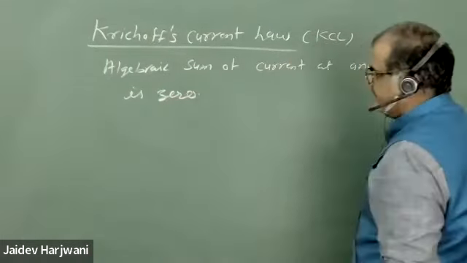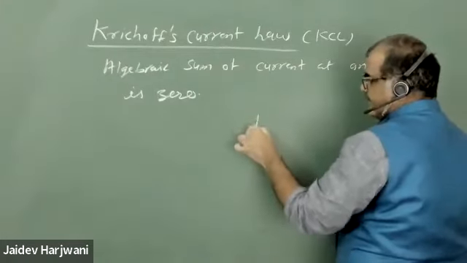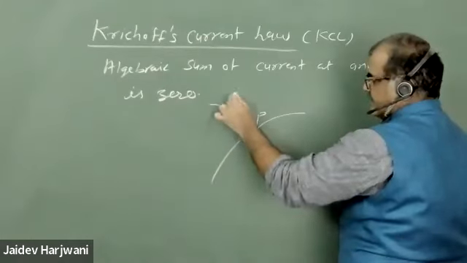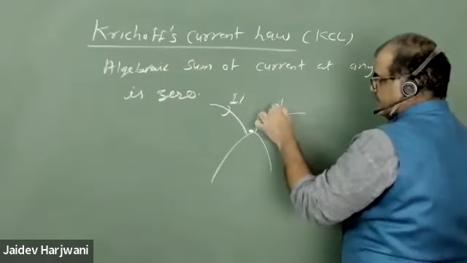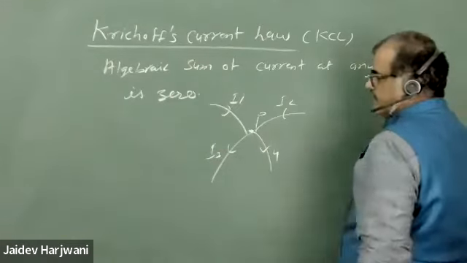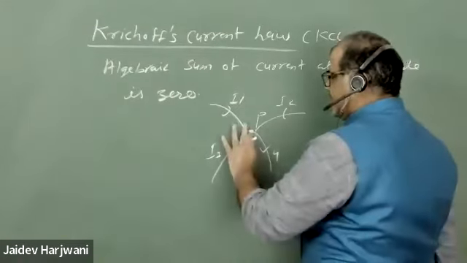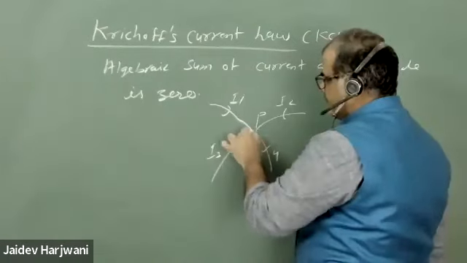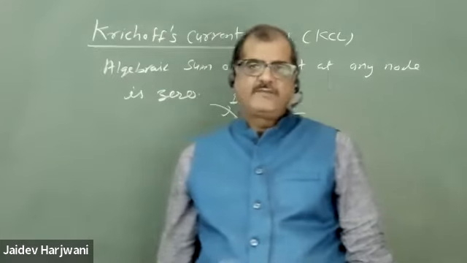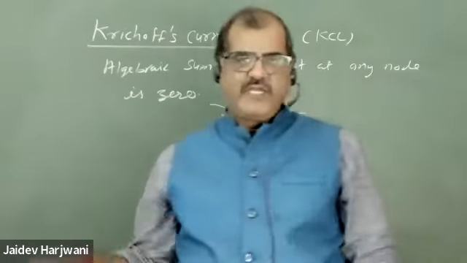Suppose a node in a circuit P has many currents coming. Say this is I1, this is I2, this is I3, this is I4. Then the sum of the currents at any node should be 0, because this point does not contain any charge in the circuit. In a circuit, charge is always flowing.